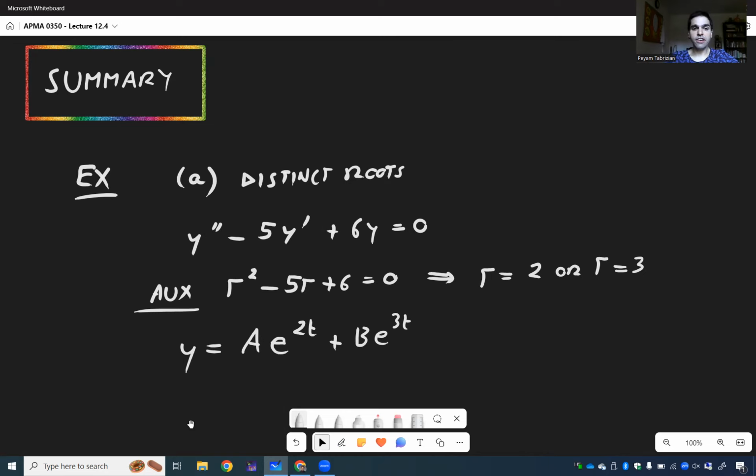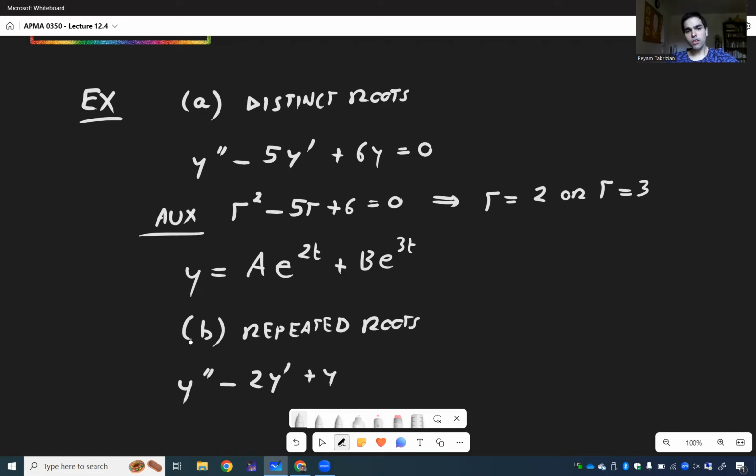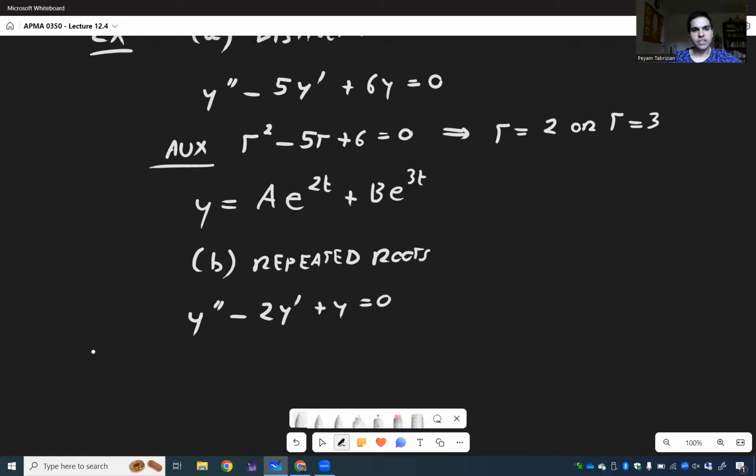That was one scenario. The second scenario was repeated roots. For instance, with the equation y'' - 2y' + y = 0, in which case the auxiliary equation is r^2 - 2r + 1 = 0.